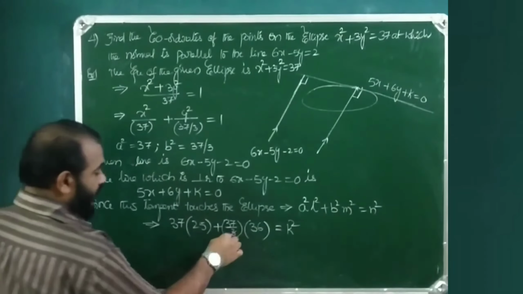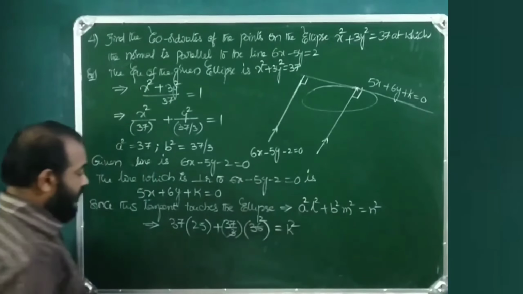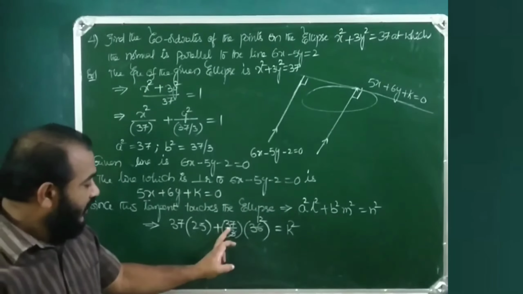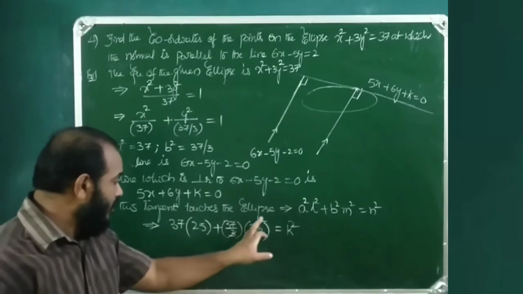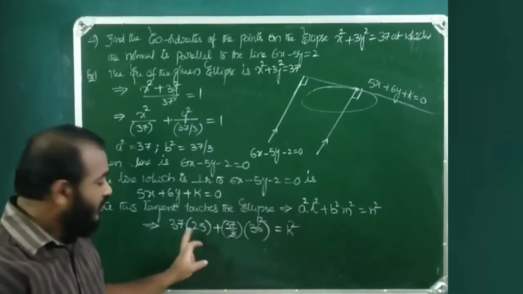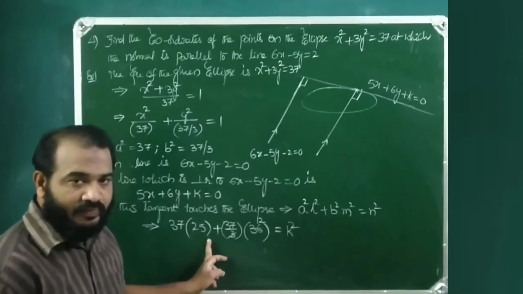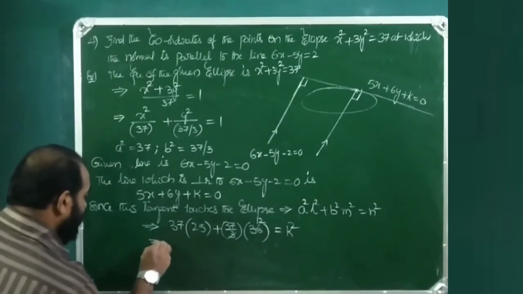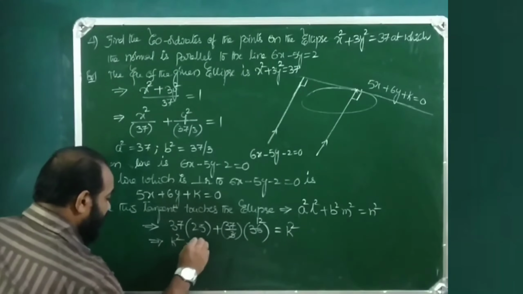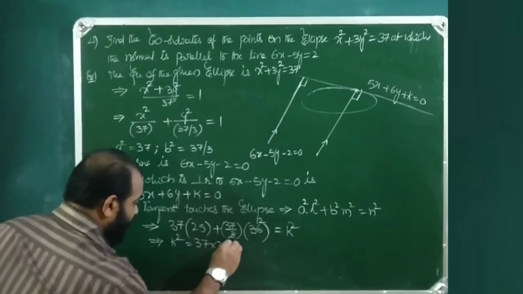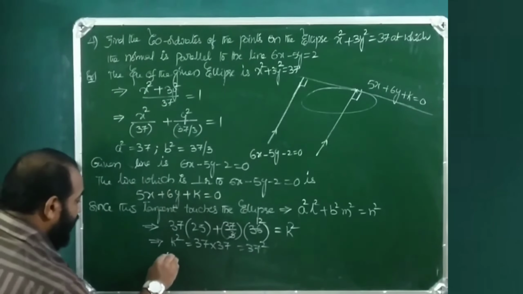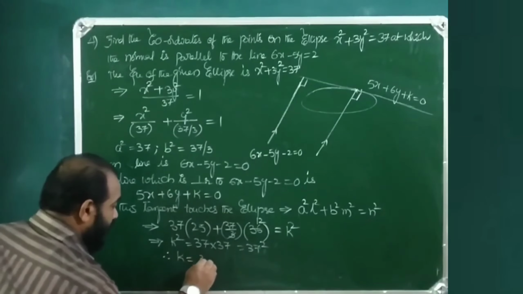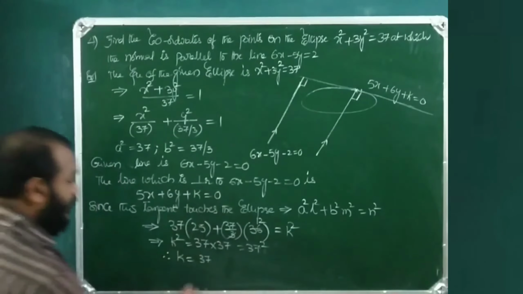So 3 12s are 36. 37 25s, 37 12s. So if you take 37 common, 12 plus 25 is 37. So 37 37s. This is k square equals to 37 37s, or 37 square. Therefore k is equals to plus or minus 37.